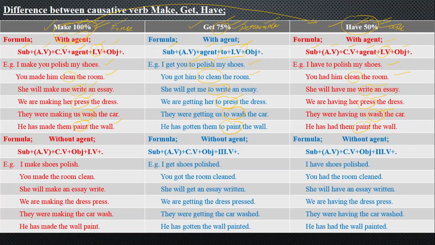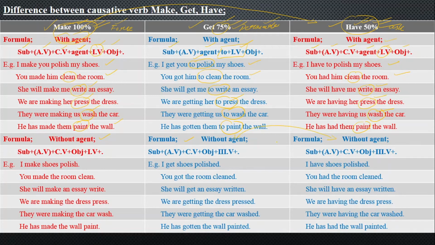Now we will be talking about causative verbs without agent. Now see, I told you make is written in red, get is written in blue, and here causative verb have is not equal to make, it will be equal to get without agent.